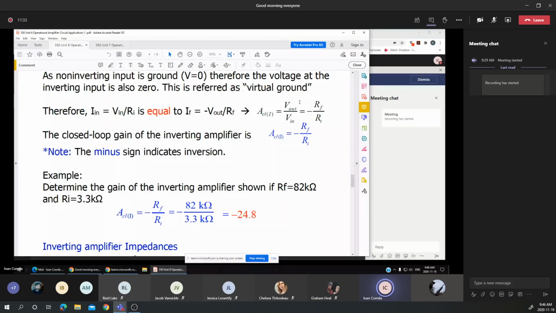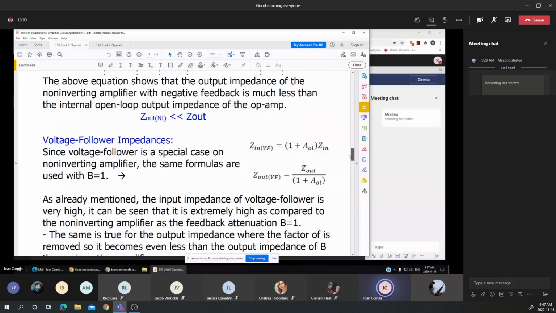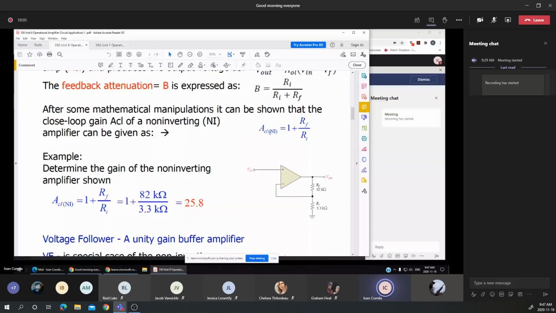In reverse, suppose we apply a negative voltage on the input, we end up with a positive voltage on the output, and the gain is determined by the ratio of the two resistances, RF and Ri. Now, make the difference between the closed-loop gain for an inverting amplifier, which has that negative sign in front of it, and the gain for a non-inverting amplifier.